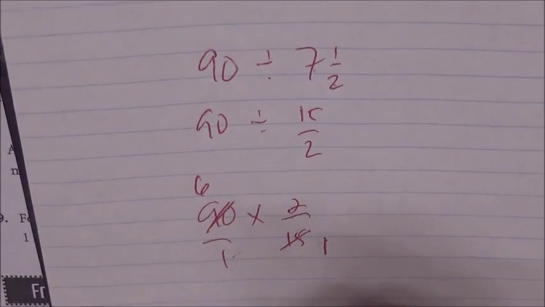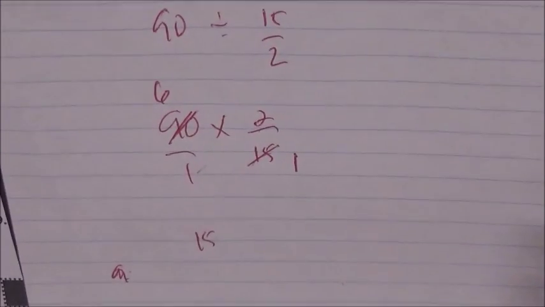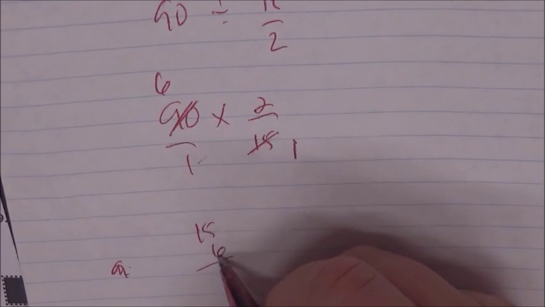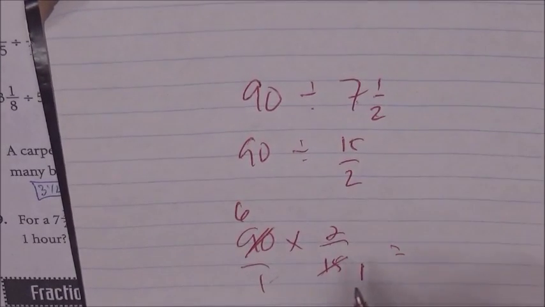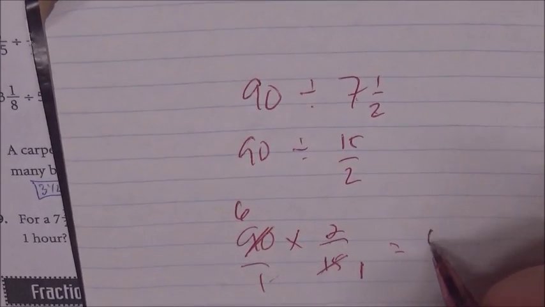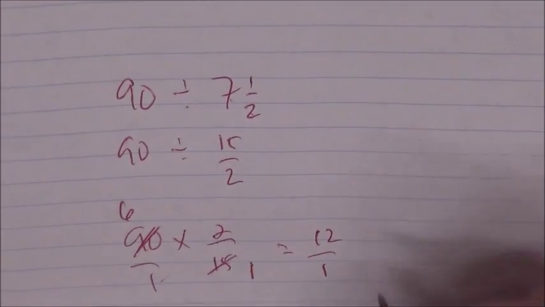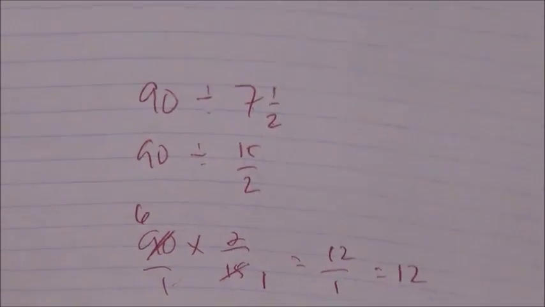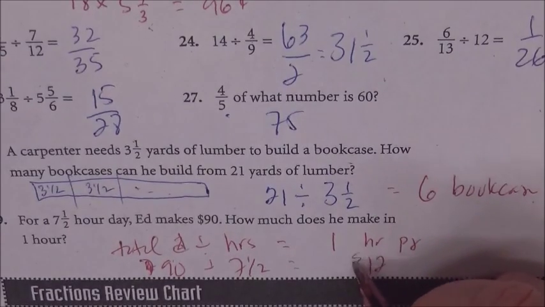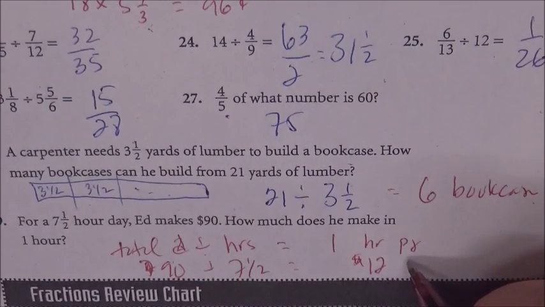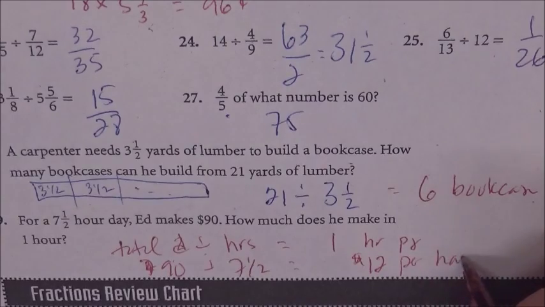Let me show you: 15 times 6, 5 times 6 is 30, 6 times 1 is 6 plus 3 is 90. So that's 6. And now we can do our multiplication. 6 times 2 is 12 over 1, and that equals 12. That means he makes $12 an hour.